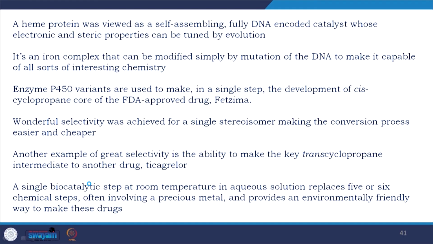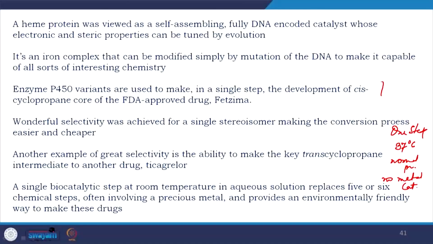So, I discussed this before, but just to end up with: when an enzyme does it, it happens in physiological conditions, 37 degrees centigrade, normal pressure, no metal catalyst, and mostly one step. So, these four are good enough. One step, normal temperature, normal pressure and no metal catalyst make your life much easier. Along with that, the specificity. So, this is really good.